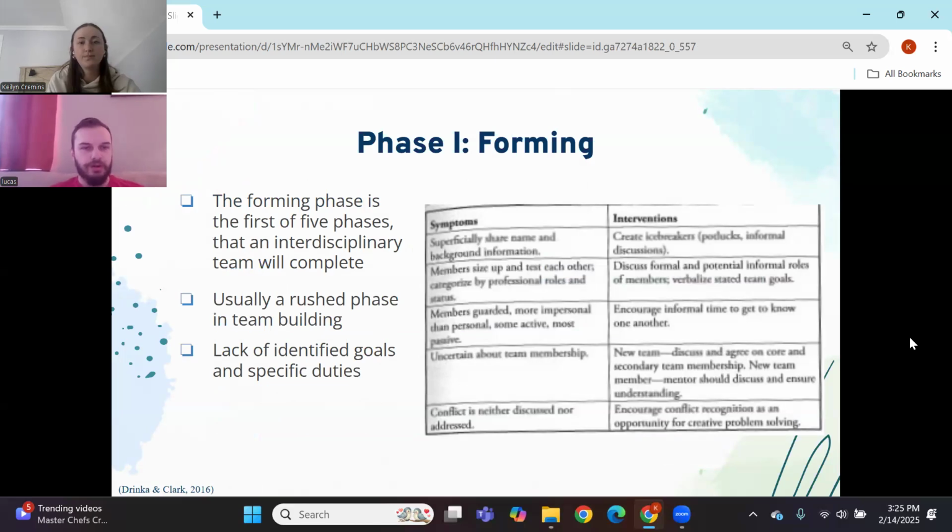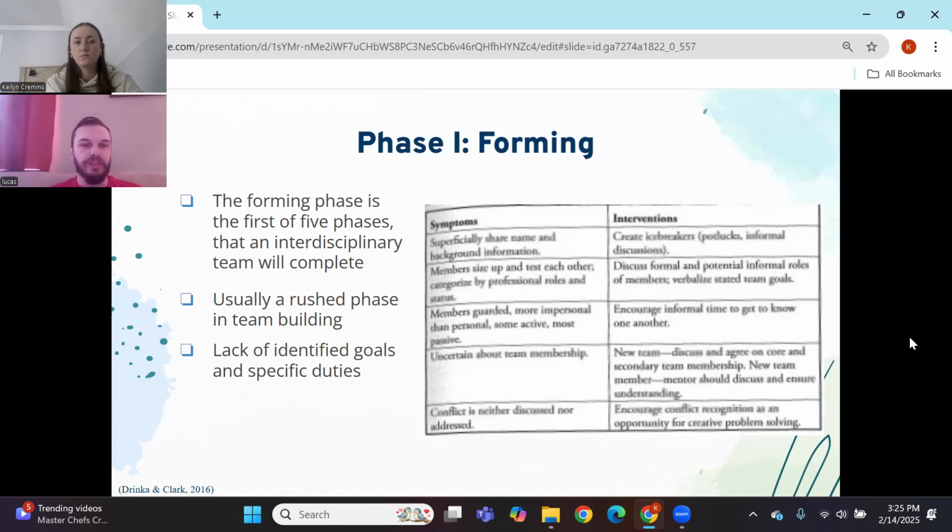So phase one is the forming phase. It's the first of the 5 phases that a team will complete. It's usually a rushed phase in team building, and it has a lack of identified goals and specific duties. It has a relatively short lifespan because it's typically determined by members' experience with teams and teamwork.